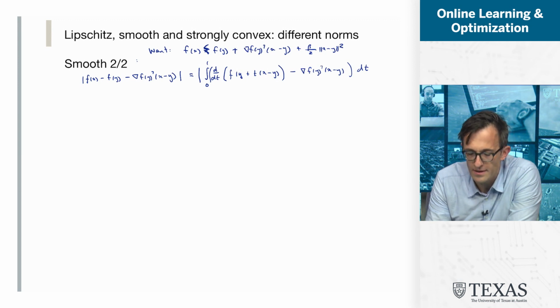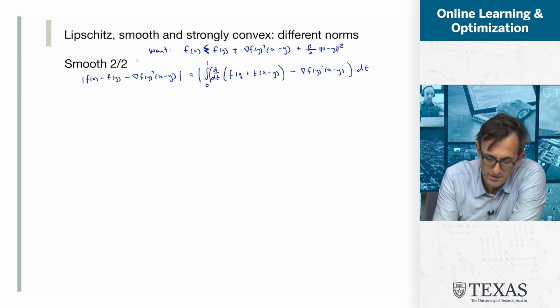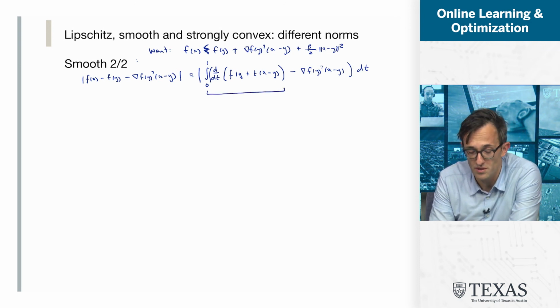Okay, so have a look at this and see why this is the case. This last little bit that I'm pointing to here is just this portion of my expression on the left. So let's look at what's under the integral. By the fundamental theorem of calculus, the integral of the derivative is just the function evaluated at the two endpoints, t equals 1 and t equals 0.